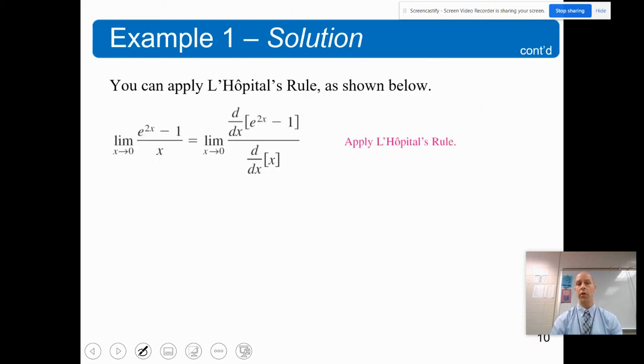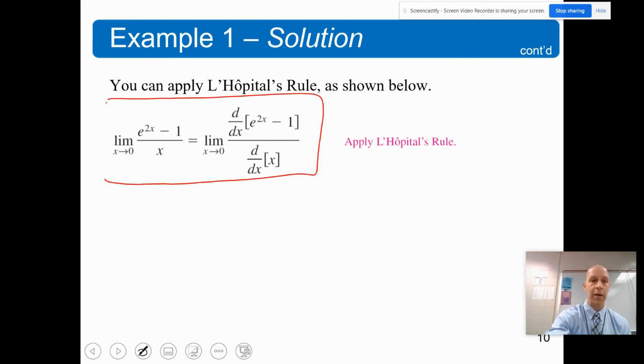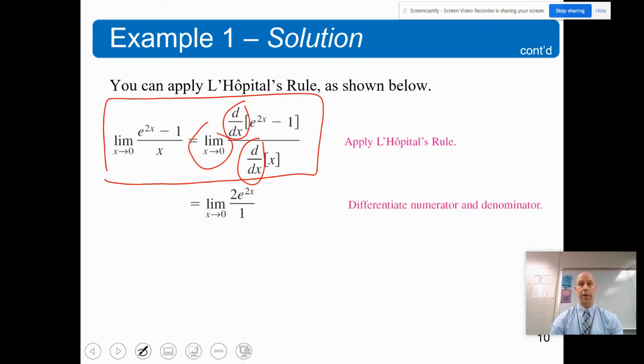So now we're going to apply L'Hopital's rule, which says I can do the limit of the derivative of the numerator over the derivative of the denominator. For the numerator, we have to use the chain rule, which gives 2e to the 2x. The derivative of 1 is 0. The derivative of x is just 1.